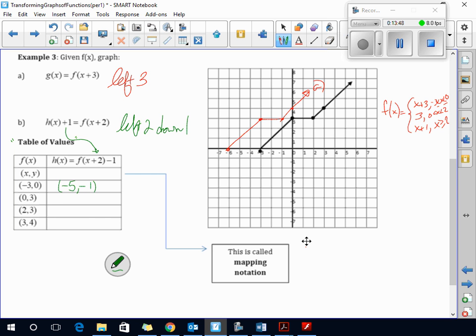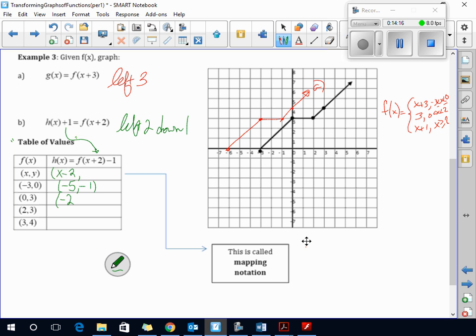If I start at x, what am I doing to it? I'm subtracting 2. So what would my new x be? X minus 2, yeah. There you go. If I'm starting at some y and I'm going down 1, what would my new y be? Y minus 1.